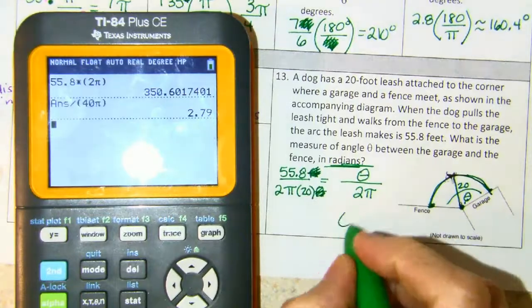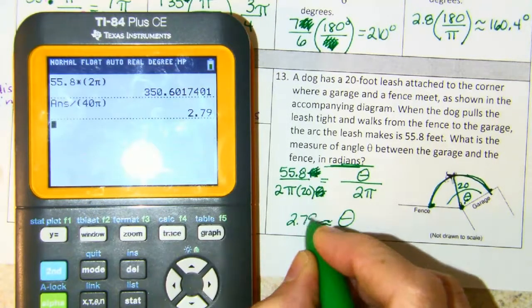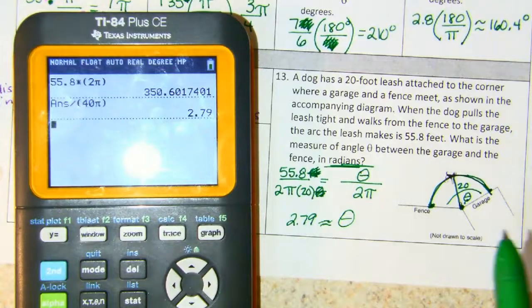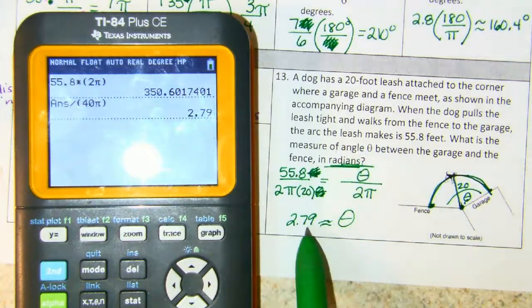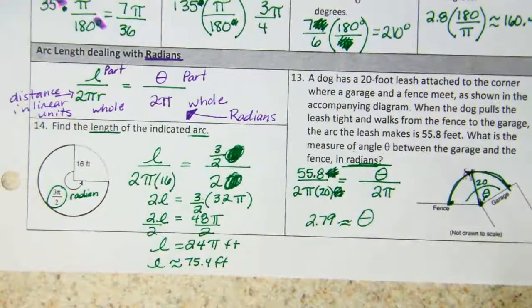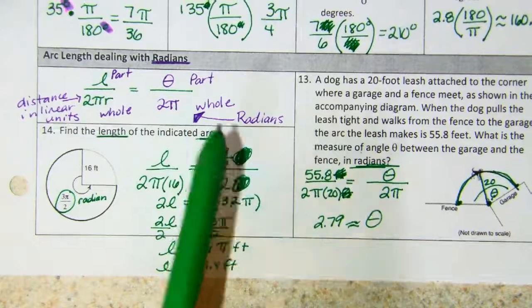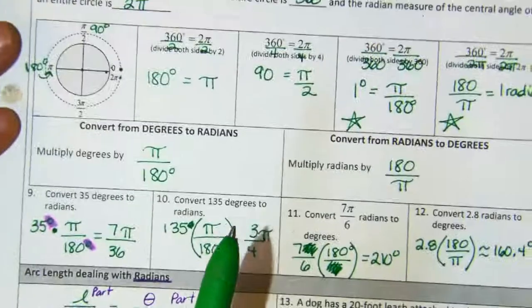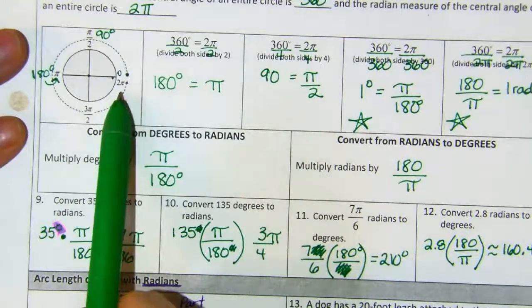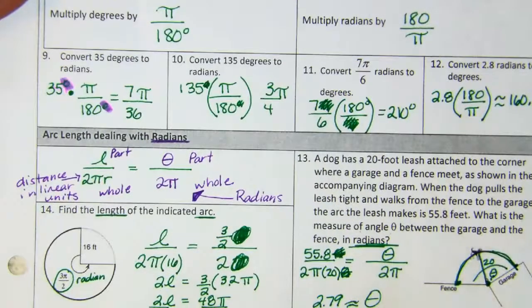So I'm getting theta equals approximately 2.79. So it says, what is the measure of angle theta? It's 2.79 radians. It's not degrees. So if you rely on your proportion of part over whole, and you know that there's 2 pi radians in a circle, it's exactly what we did yesterday, except with radians instead of degrees.